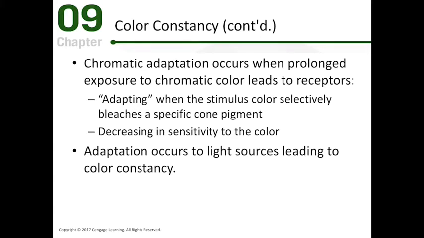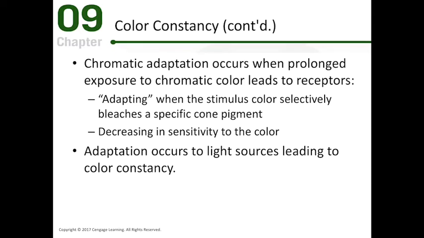When it does so, your cones aren't as sensitive to the color. So let's say you're looking at a red light. When that adaptation occurs, you'll see the red as less saturated and less bright.